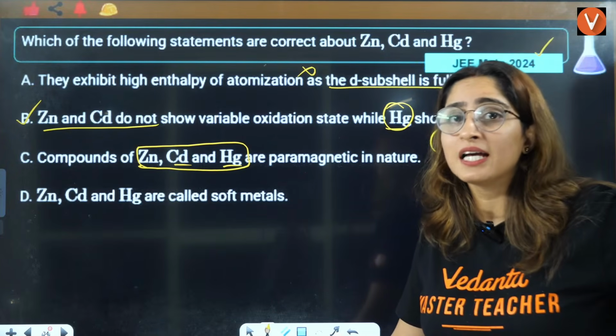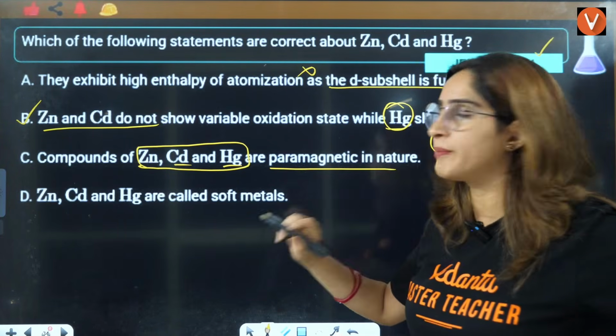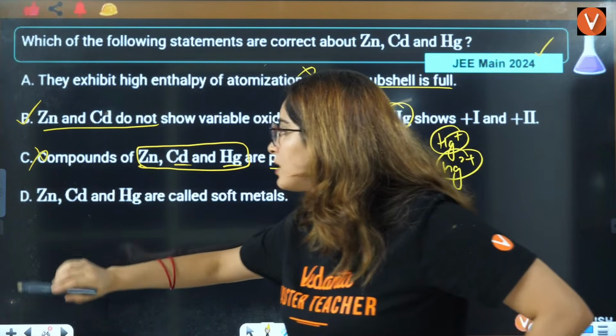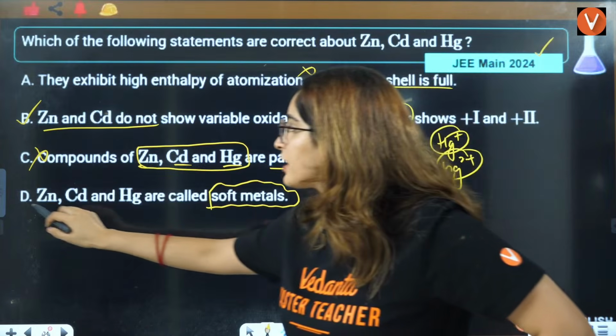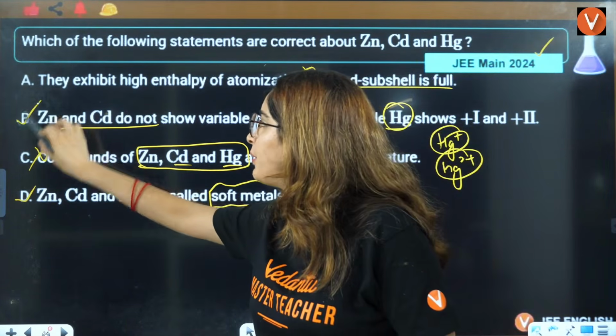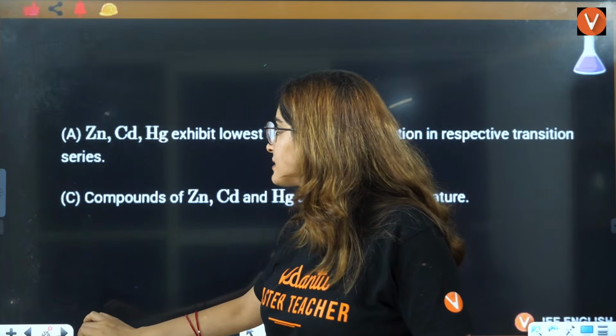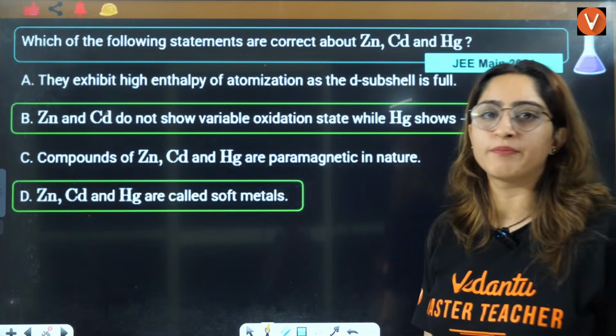So that's why they will have d10. So that's why they will not be paramagnetic, they will be diamagnetic. So this is wrong. Zinc, cadmium, mercury are called soft metals. Yes. They are also called transition metals. They are also called soft metals. So the answer is B and D. B and D are the correct statements here.